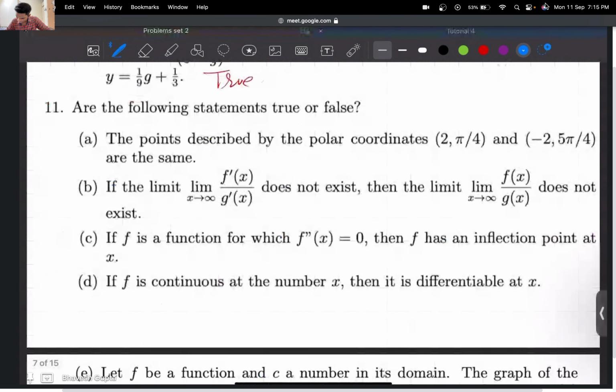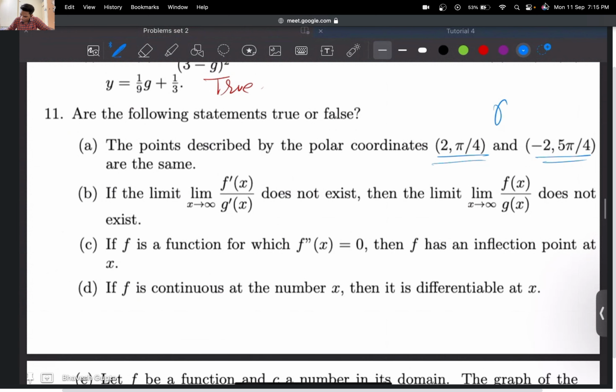So basically my A part asks whether these two coordinates are the same. It turns out you cannot have r negative, right? So yeah, this is definitely false. You can see here r turns out to be negative.